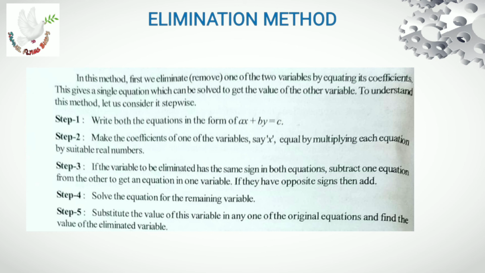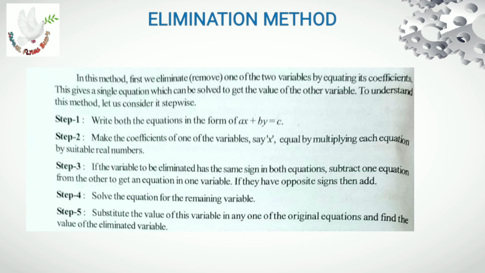For the first step, write both the equations in the form ax plus by equal to c. For the second step, make the coefficients of one of the variables, say x, equal by multiplying each equation by suitable real numbers. For the third step, if the variable to be eliminated has the same sign in both equations, subtract one equation from the other to get an equation in one variable.